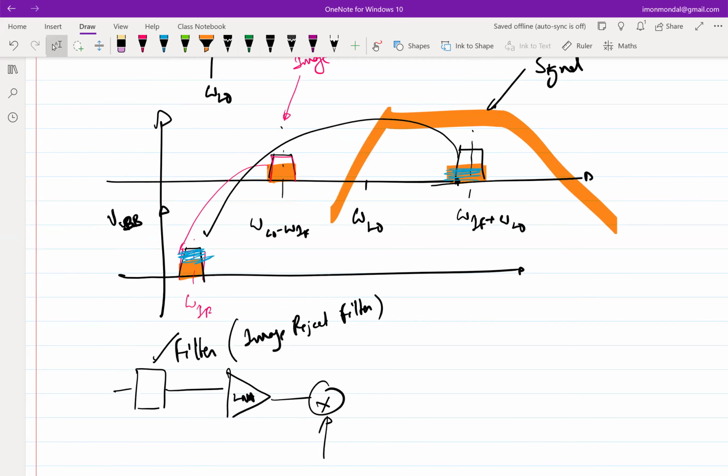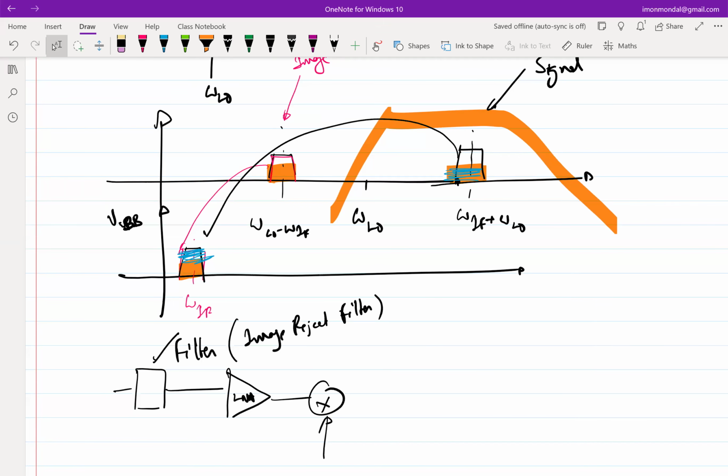Which essentially means that you are going to have double the amount of noise, assuming the transfer function from the image and the signal band is the same. If the transfer function is the same, then you are going to have double the amount of noise than in the case of an LTI system.